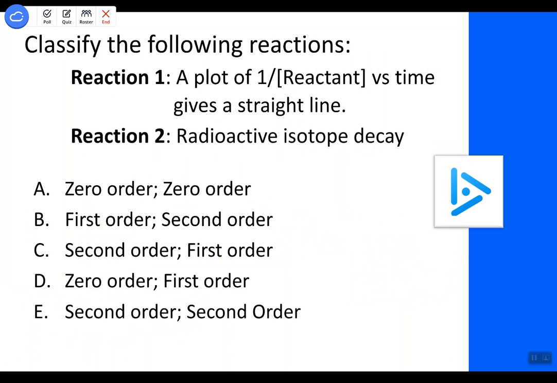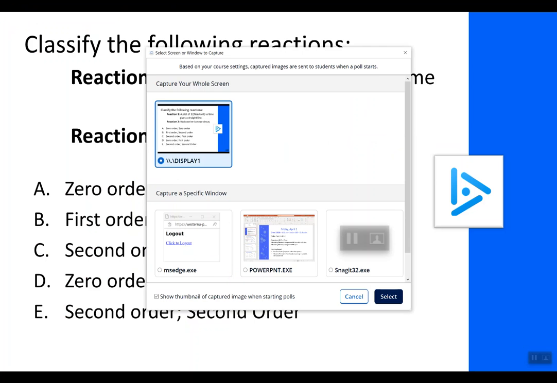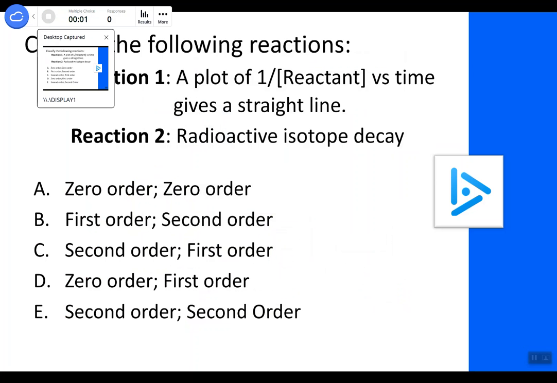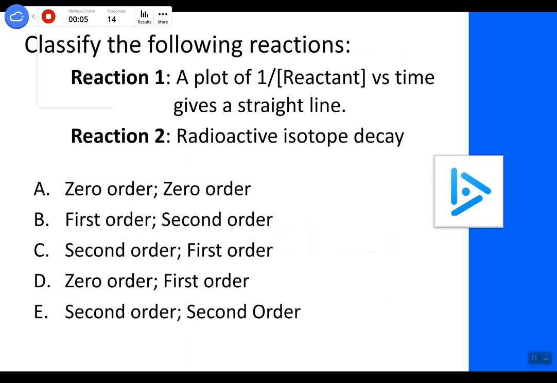So, question for you. Now that we've done a lot of analysis of these types of problems, classify these reactions. Chat with the person beside you for 1 minute or 30 seconds.